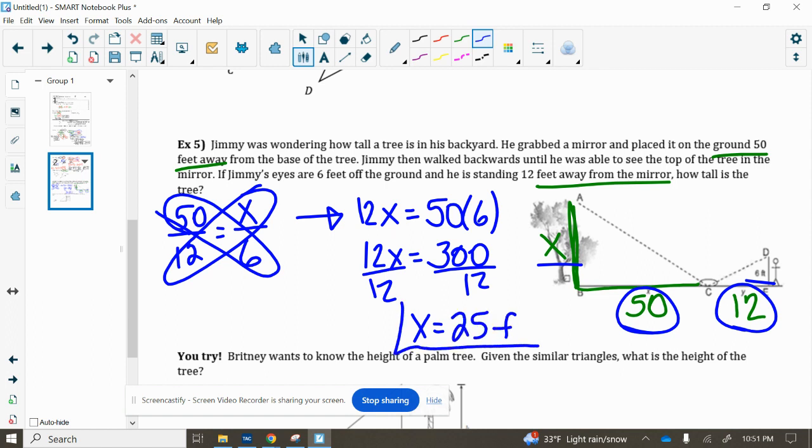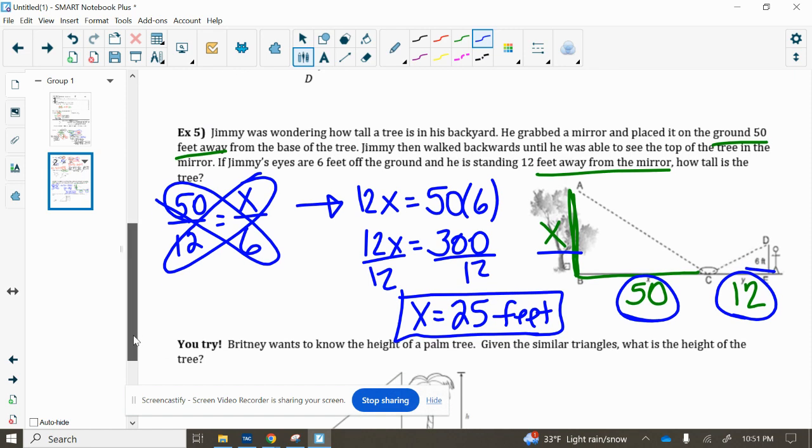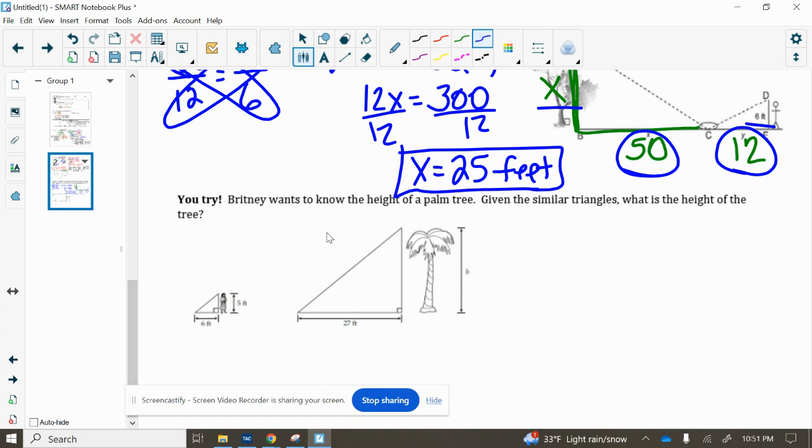So our tree is 25 feet tall. The last one is asking you to, again, use a proportion. We are given the distance on the ground and the height of the woman. We want the distance on the ground here. We want the overall height of the palm tree.